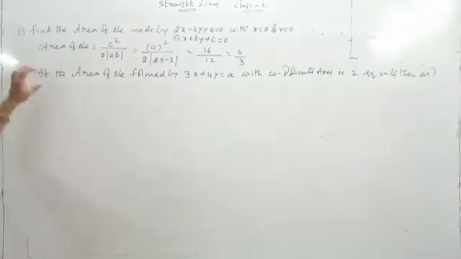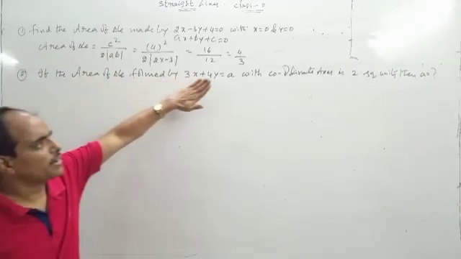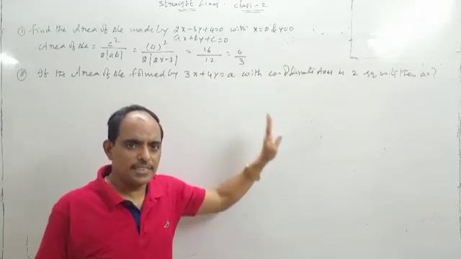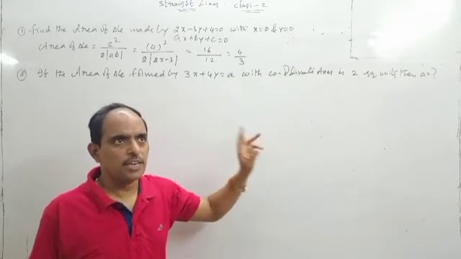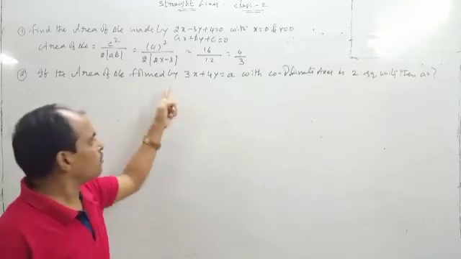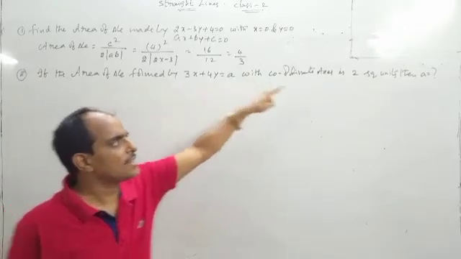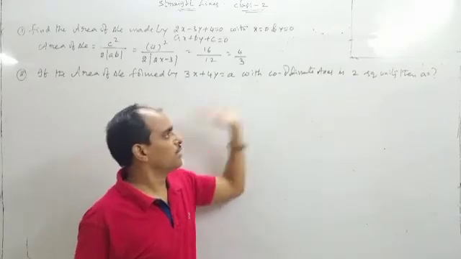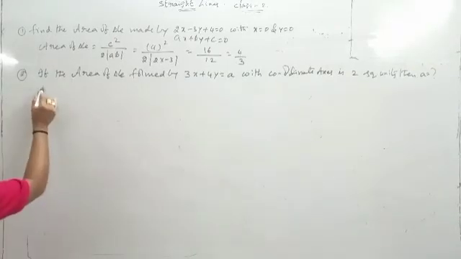Okay, the area of the triangle formed by this line with the coordinate axes. Coordinate axes means the x axis and y axis. There are 2 lines, the axes, and 1 line is there. And the area is also given as 2 square units. Then what is the value of a? So what is the area formula?